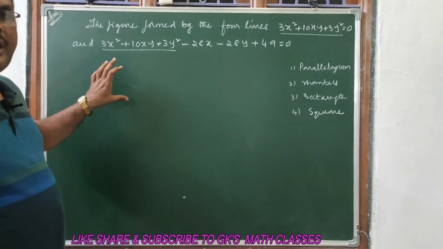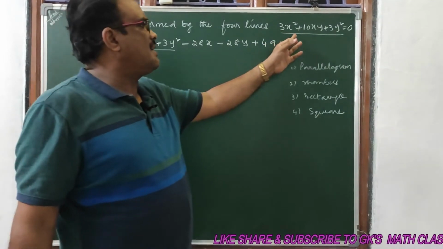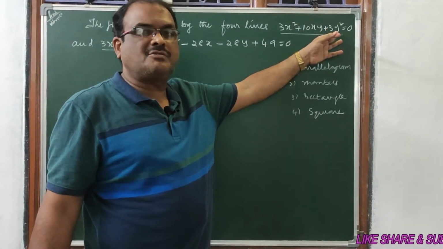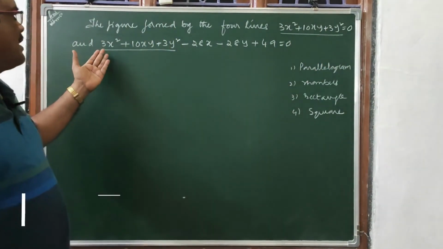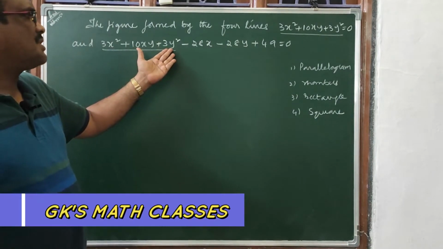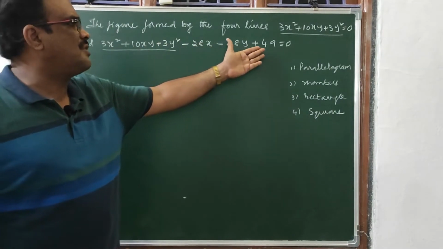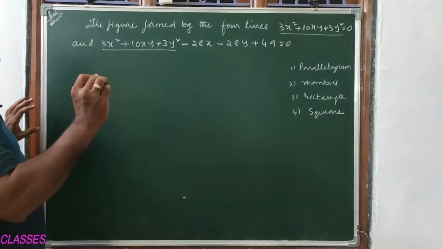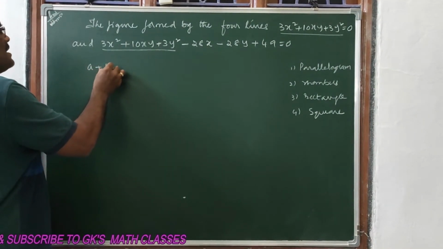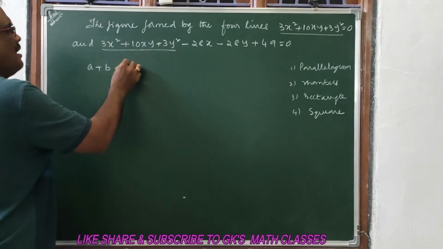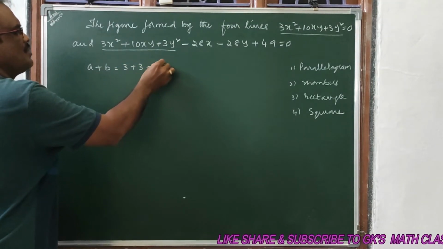So we can compare this with ax square plus 2hxy plus by square plus 2gx plus 2fy plus c is equal to 0. First we have to check a plus b. What is a? 3 plus 3, not equal to 0.